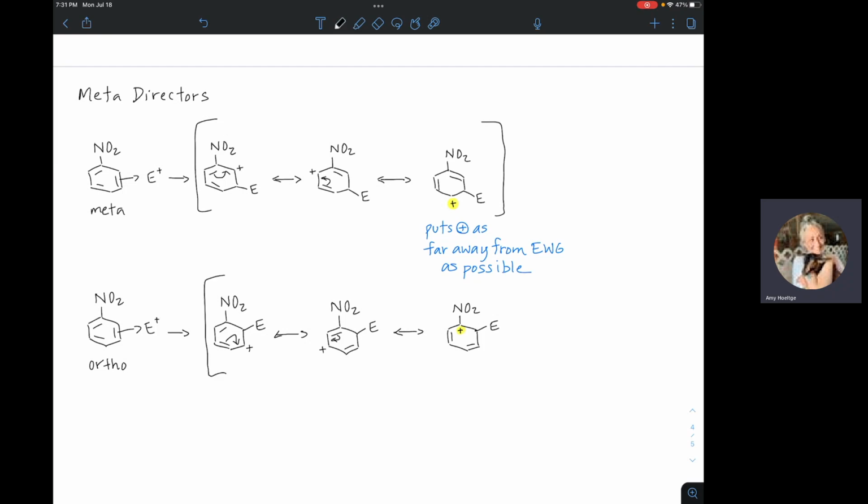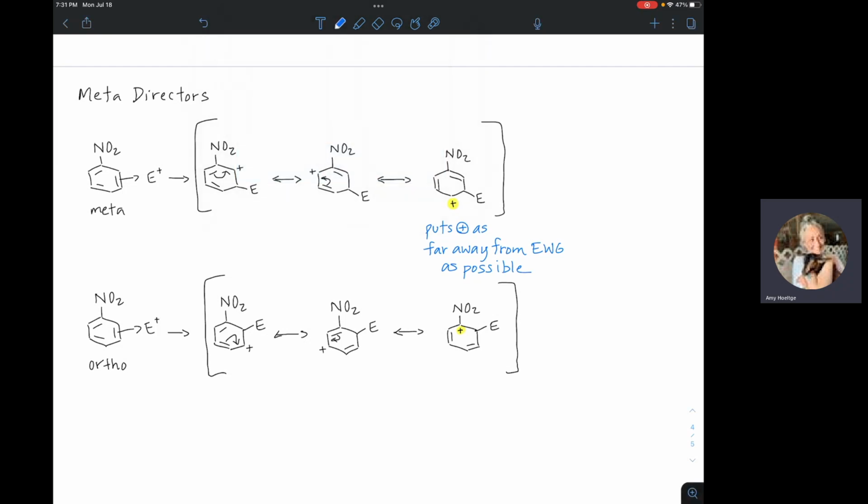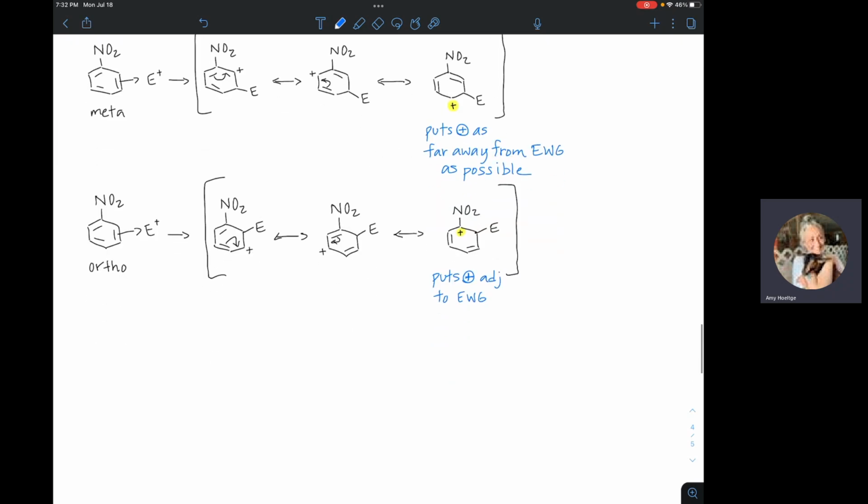That's bad news, right? We believe. So this puts your carbocation, even though it's a tertiary carbocation, you're putting that positive charge adjacent to the electron withdrawing group. And the nitrogen has a positive charge. You're bringing two positive charges near each other.